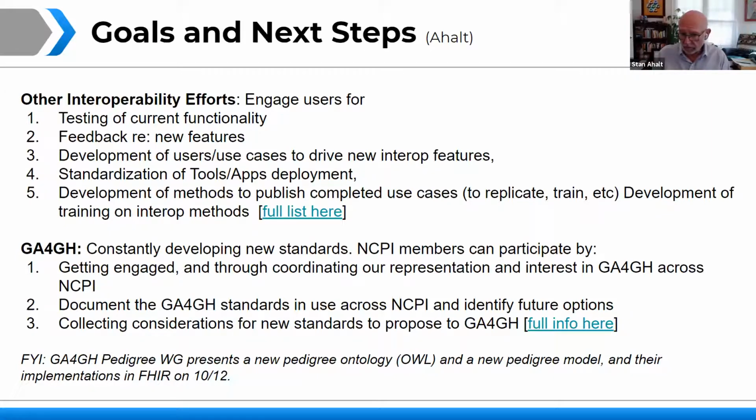And then think about creating some new standards or proposing some new standards into GA4GH. They will have a new pedigree ontology coming up fairly soon, and that implementation on FHIR is going to be done in, what, a couple of days, a week? Yeah, about a week. Okay, next page.